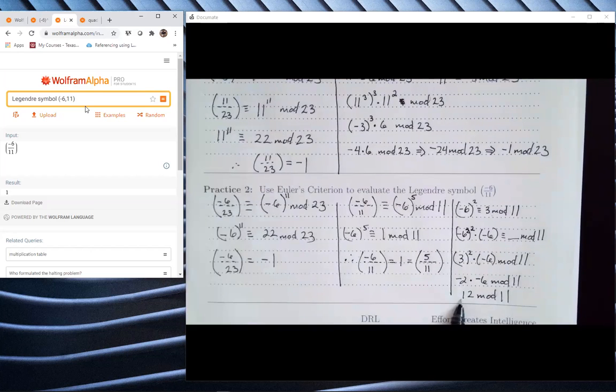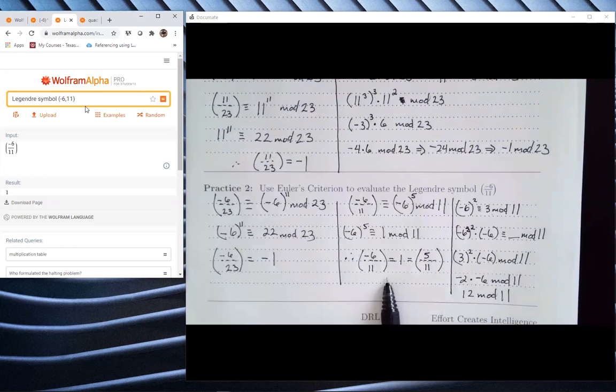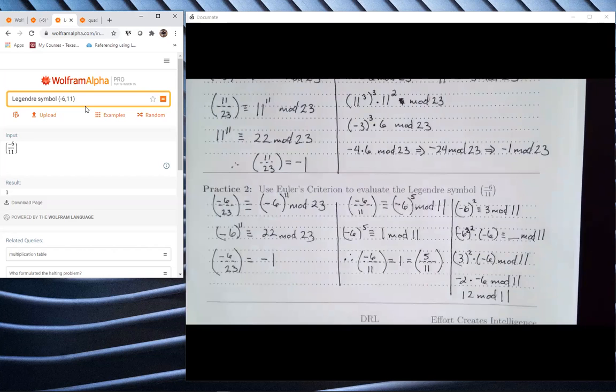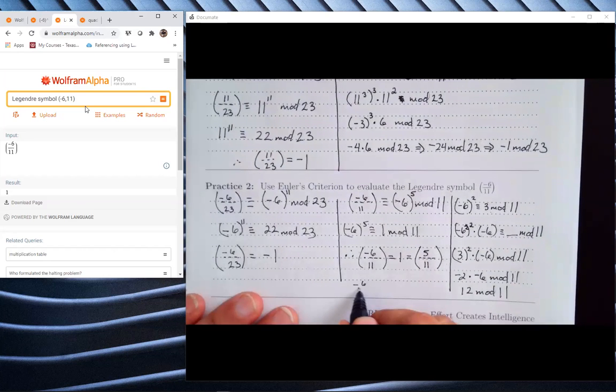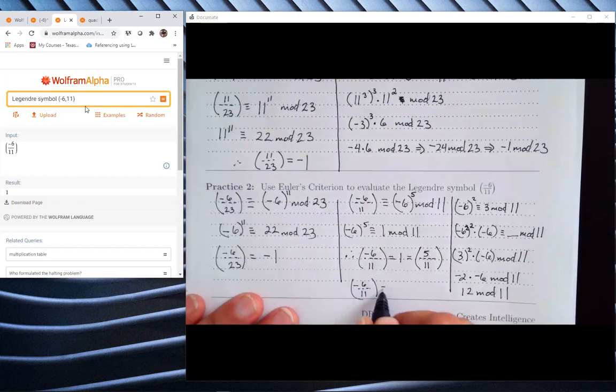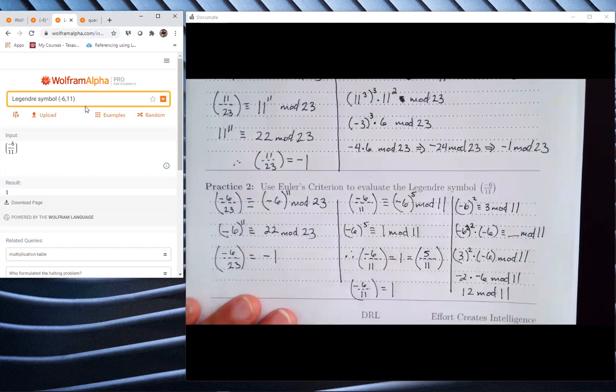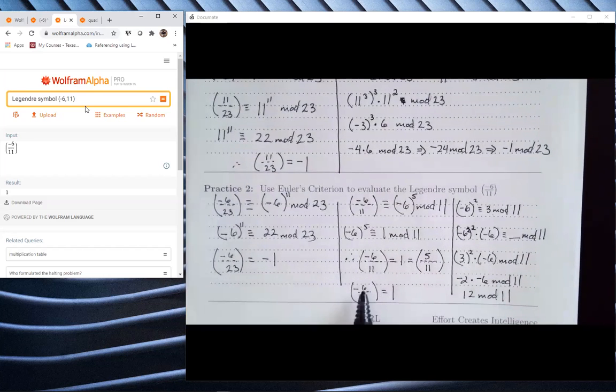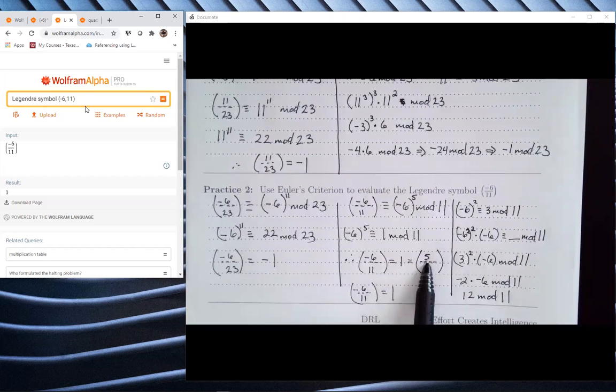And of course, 12 modulo 11 is the same as 1. So these are different approaches we could use, and in any approach we get that the Legendre symbol of -6 modulo 11 is 1, indicating that -6 is a quadratic residue modulo 11, but generally you would say 5 is the quadratic residue modulo 11.